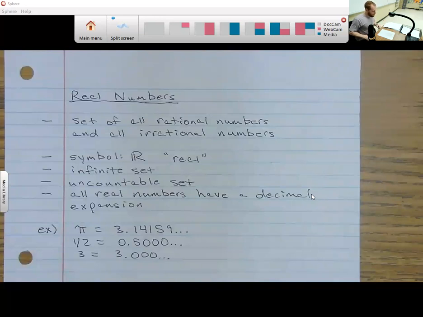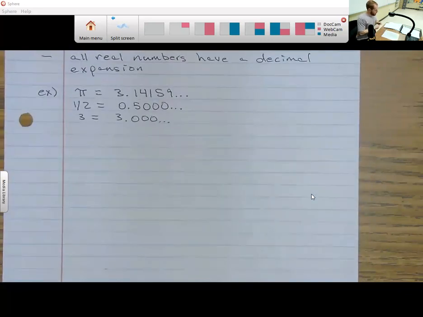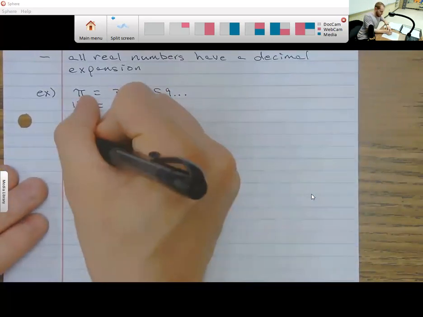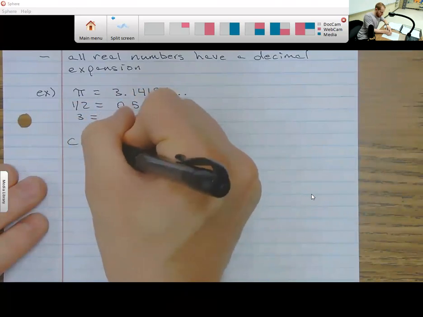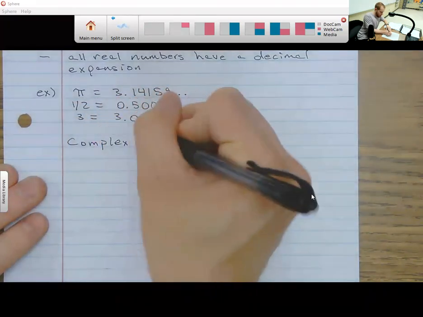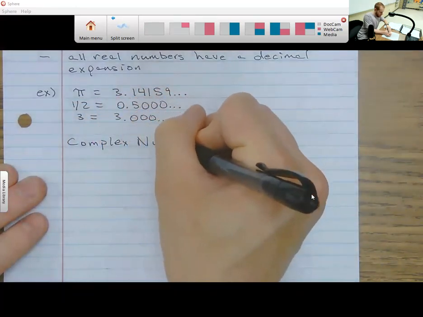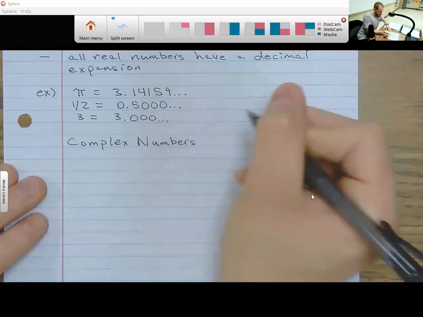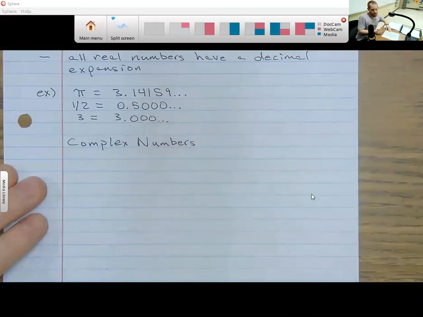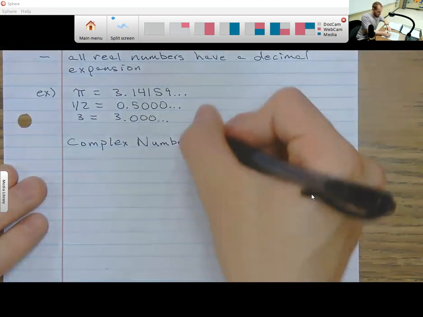Now, there is a number set that's even bigger than the real numbers, and that's what we're going to talk about next. So the last number set that we're going to talk about today is the complex numbers. These are also known as the imaginary numbers.